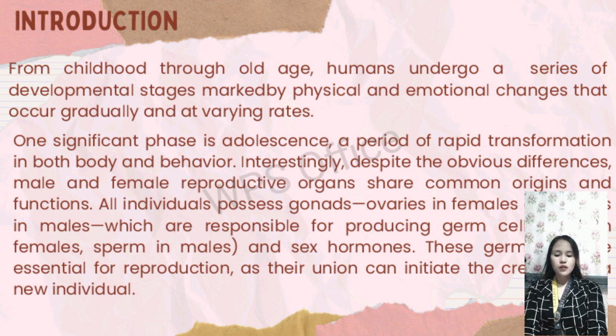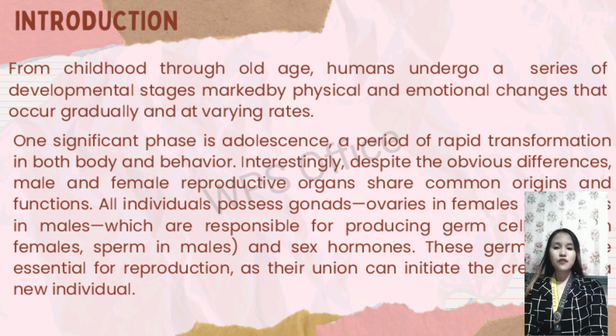All individuals possess gonads, ovaries in females and testes in males, which are responsible for producing germ cells, or ova in females, sperm in males, and sex hormones. These germ cells are essential for reproduction as their union can initiate the creation of a new individual.